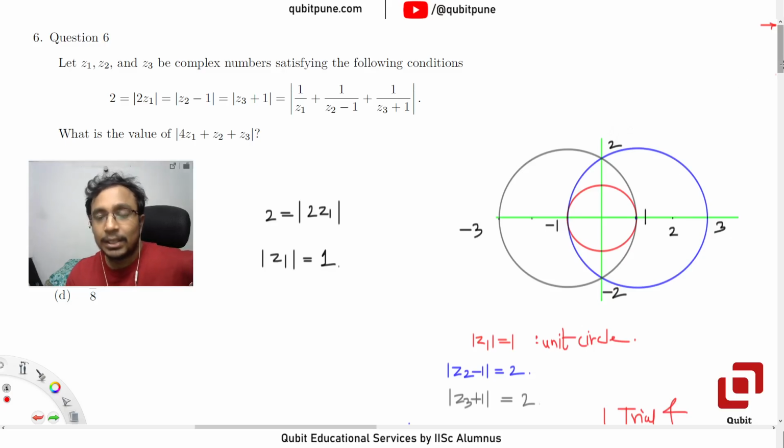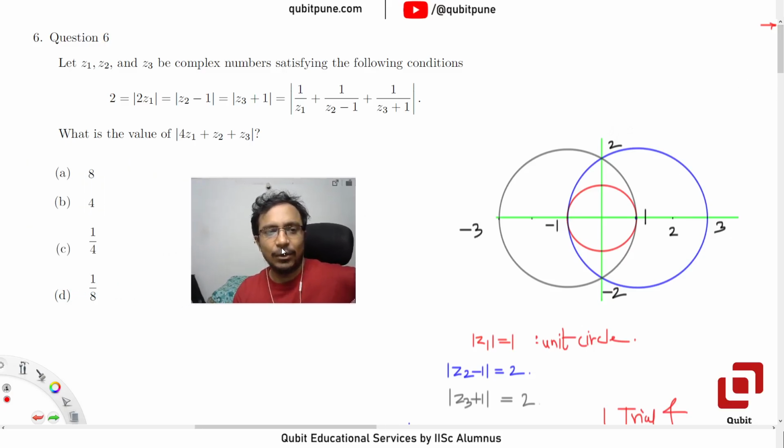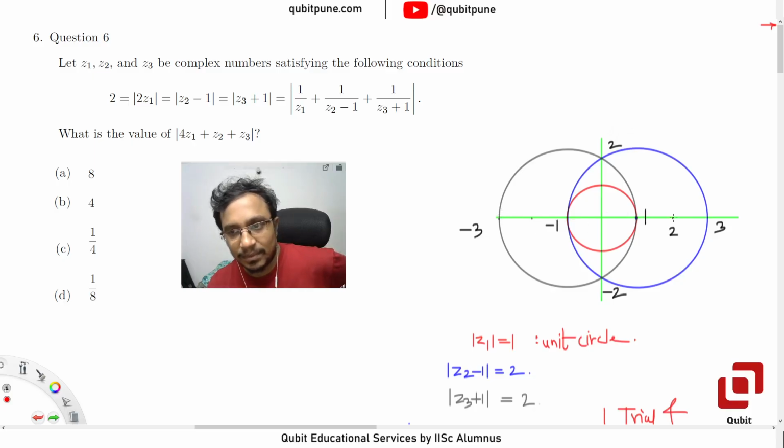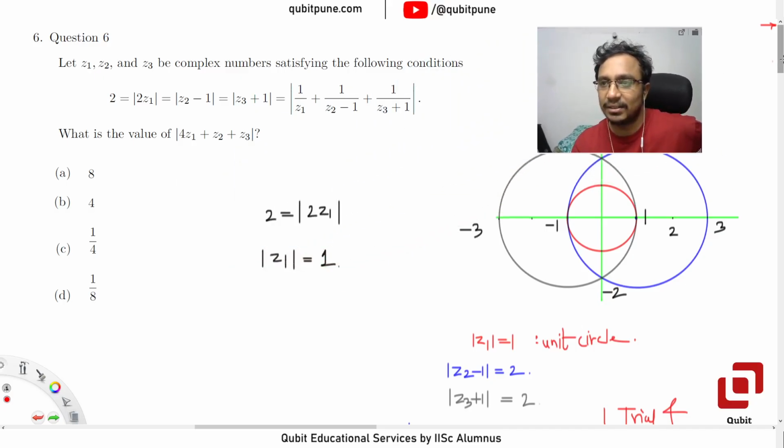Okay, so I looked at the options and I realized that there is no irrational number here. So I thought, can we try something with these same numbers: -3, -1, 1, 3, -2, 2. So I did that and I luckily got the answer.